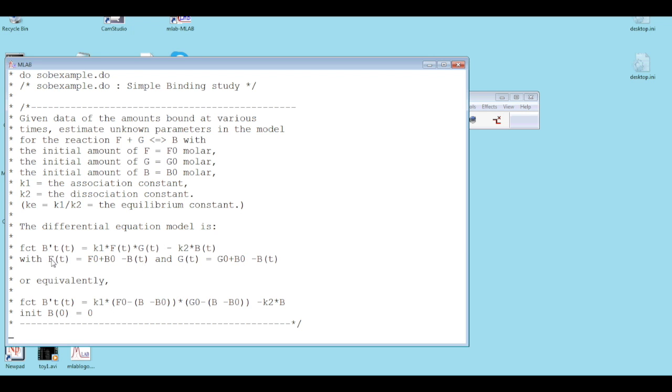So therefore, the free F at time t is equal to the total amount of F you put in minus the amount that's bound right now. Notice at time 0, this is F0 plus B0 minus B of 0, which is just B0, is just F0. Okay, similarly, the amount of free G, the G that isn't bound to anything, is the amount you put in plus the amount that's bound up in the initial amount of bound material minus the bound material at time t. These are functions of t.